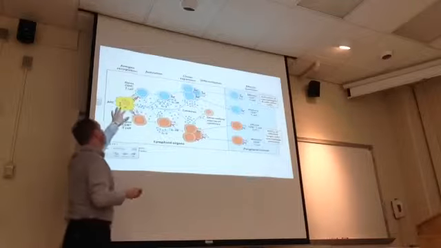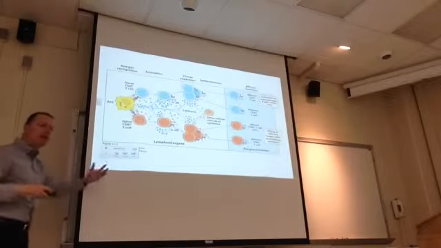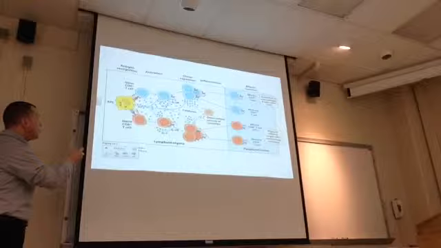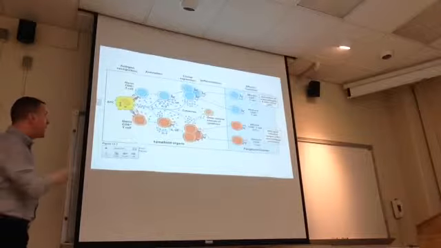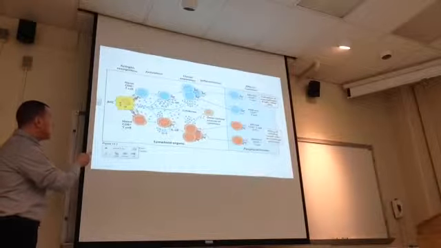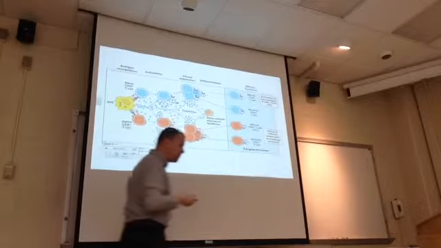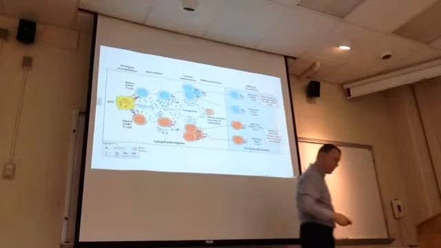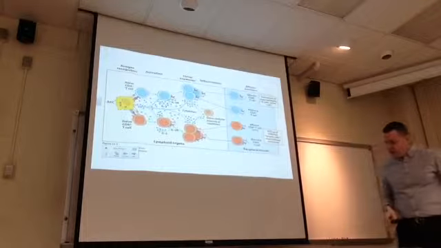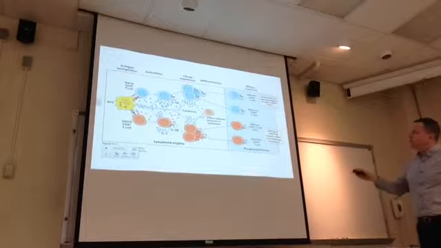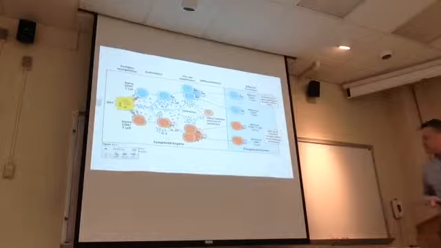Or it itself has been infected, say, with a virus, and therefore those intracellular peptides will be presented in a class 1 molecule and can activate a naive CD8 positive T cell. So this is the overview of what we're going to be looking at in this chapter.